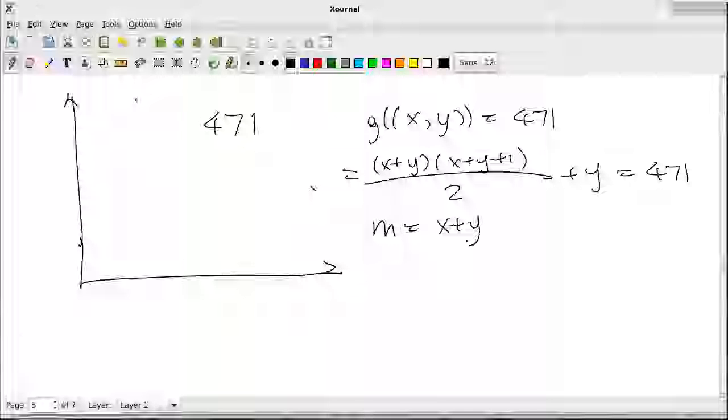Don't ask me why I picked the letter m. I just picked one. With this m, we can simplify the equation a little bit: m times m plus 1, the whole thing divided by 2, plus, we still cannot get rid of that y, but that's okay.